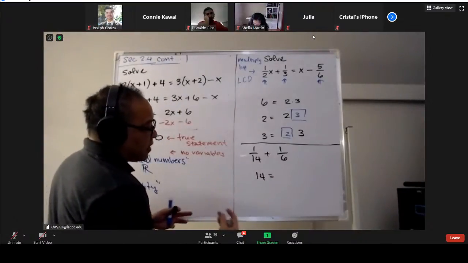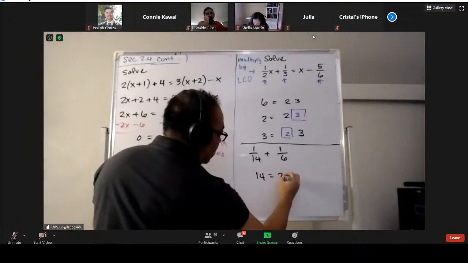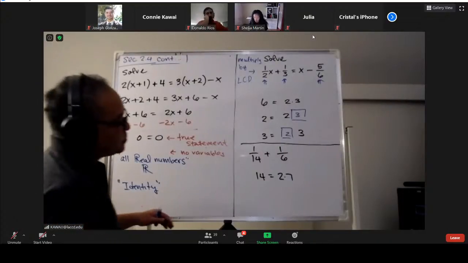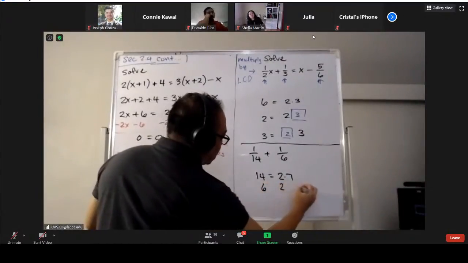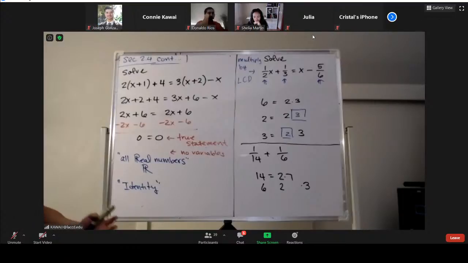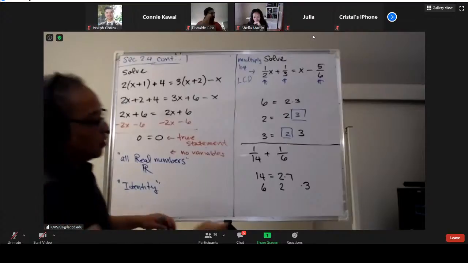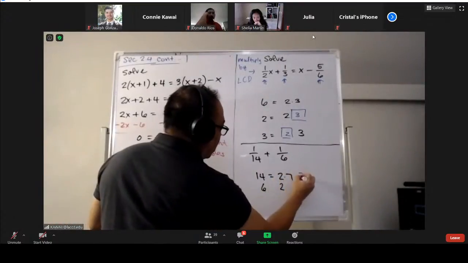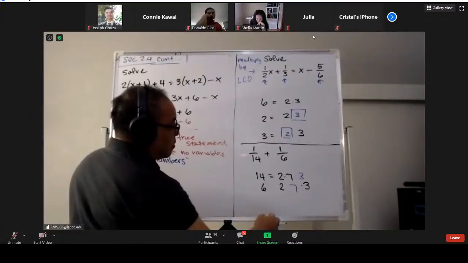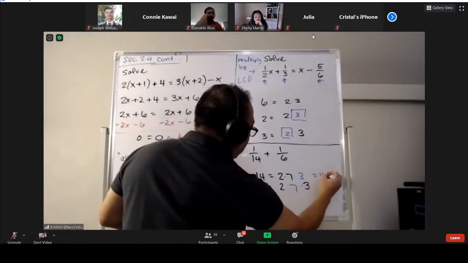What prime numbers multiply into 14? 2 and 7. What numbers multiply into 6? And then you ask yourself, okay, what number is missing up here? What number is missing down here? So you get 6 times 7, which is 42.